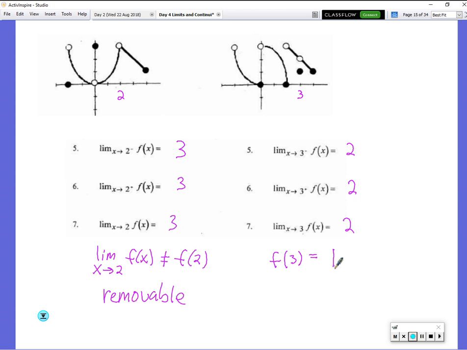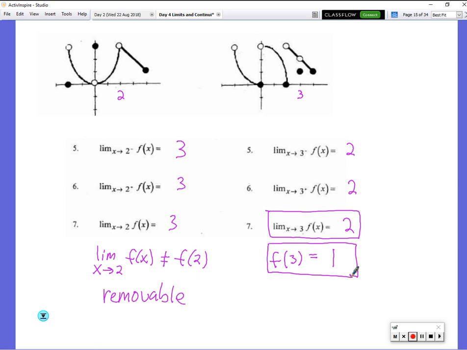Nice. That's 1. So the limit, give yourself a point, please, and the value of the function don't match. So because the limit and the value of the function are different, not continuous. It's a removable discontinuity because the limits match, but the function value and the overall limit do not match. Hence, removable discontinuity. Right here.